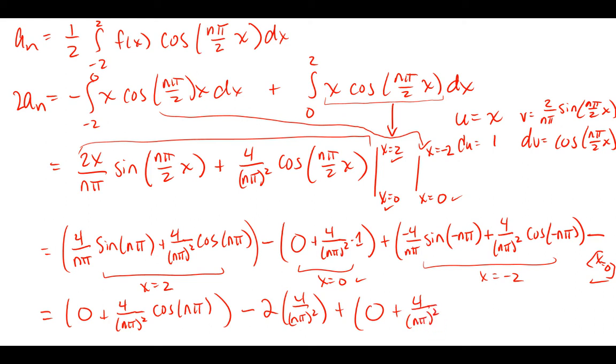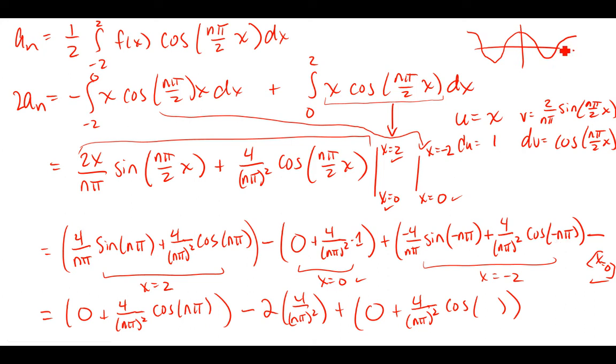Now, cosine of negative n pi, I could write that down, but let's notice something cute about cosine. I will remind you with a cosine graph up here in the corner. Oh boy, that's the worst cosine graph ever. So notice here I have cosine of n pi, and here I have cosine of negative n pi.